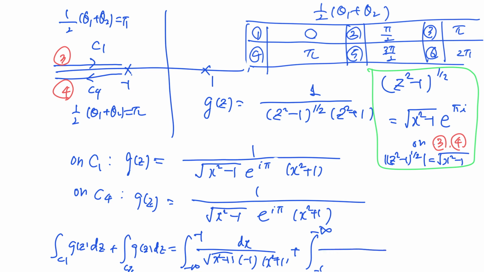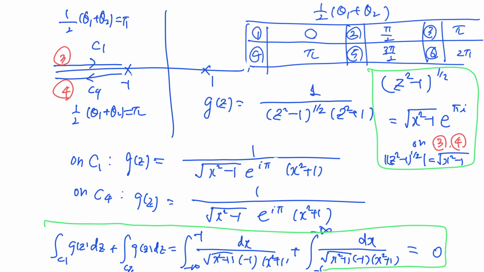Again, the same. Square root of x squared plus 1, minus 1, x squared plus 1, dx, which is 0. Great, right? So C1 and C4, if we add them together, 0. Now this and this.